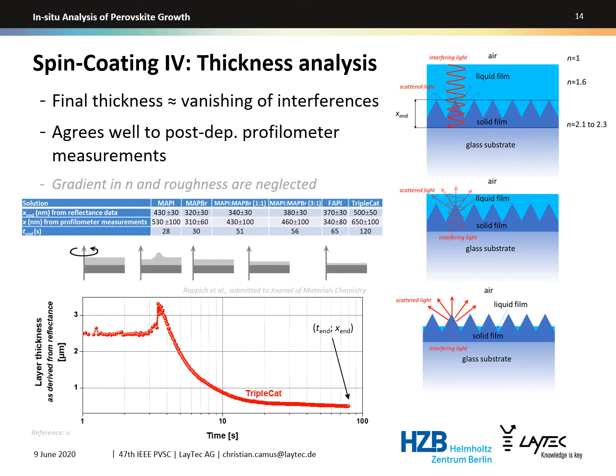This would mean that this thickness here, xn, is basically the thickness that you would measure at the last spectrum that is obtained. So it would be kind of the maximum thickness of your film topography, which also fits the good match with the profilometer measurement, because this is actually what you would expect for a profilometer measurement.